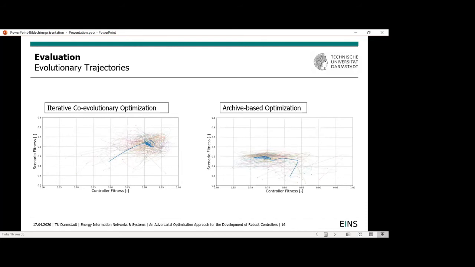And here again, we considered older worst-case scenarios in the optimization run. Therefore, this search movement or search path is augmented. Also, the better convergence, which is indicated with the lower variance, especially for the scenario fitness, indicates that we identify more robust control strategies.